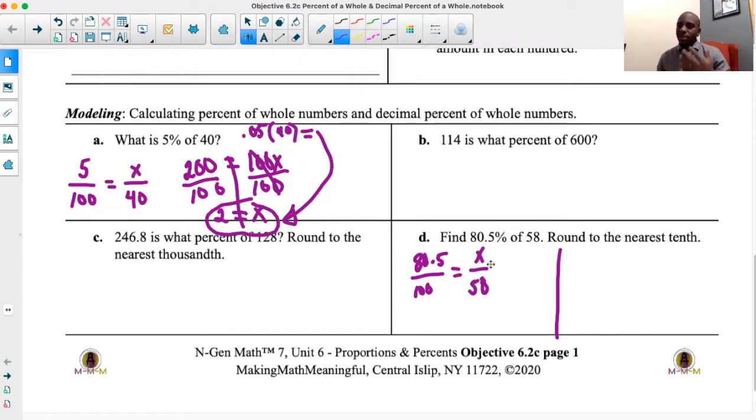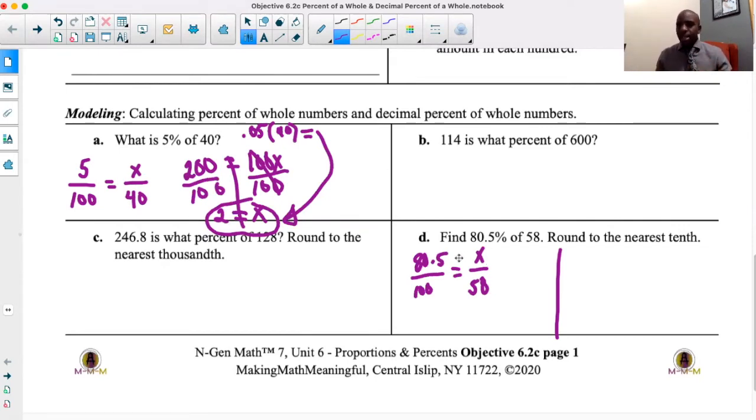Because if they were indicating that 58 was a part, they would have said something like, 80.5% is 58 of what number? That would indicate that 80.5% and 58 would be right across from each other, just like this.